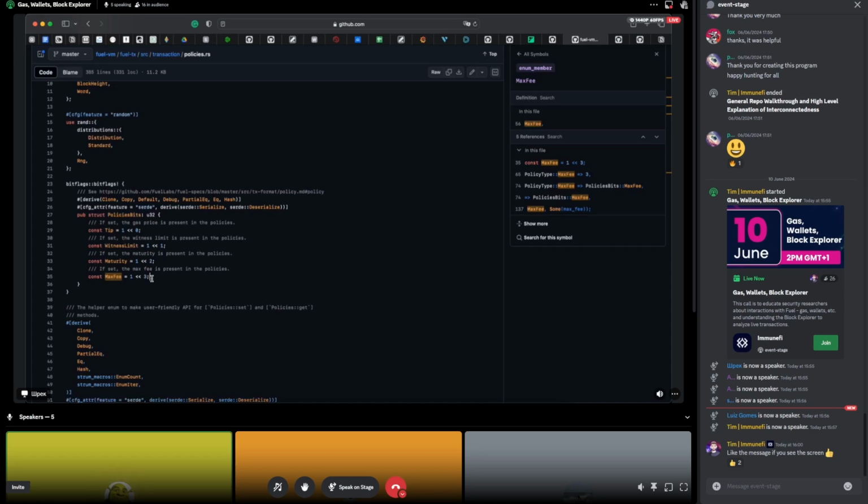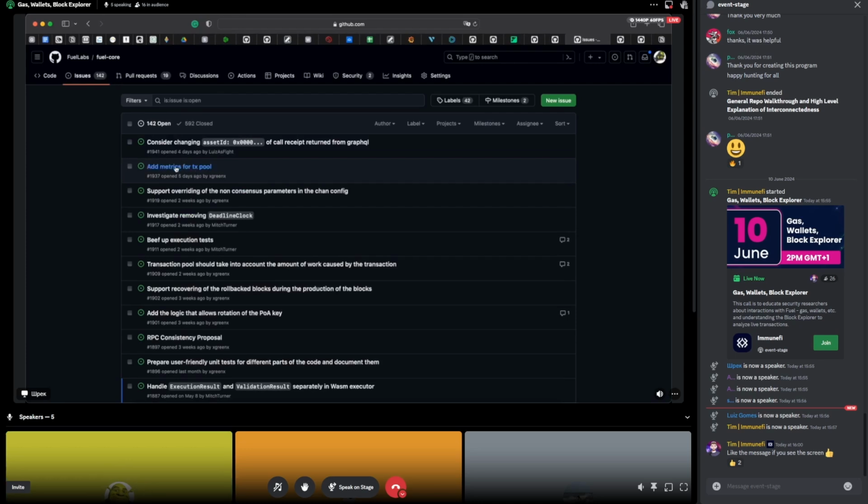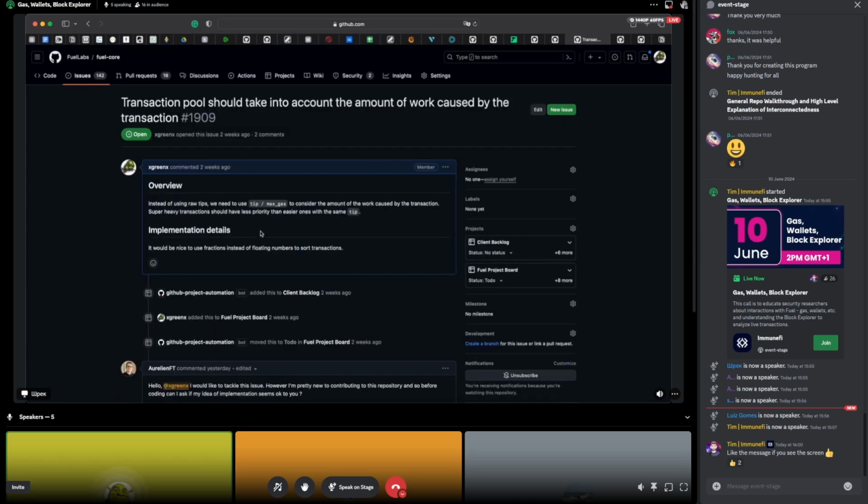Yeah, I think that's it regarding tip and max fee. Maybe I need to mention that currently the mempool, here it is, before the hackathon that issue will already be fixed. The mempool will prioritize transactions based on tip, but not only by tip, also by max gas.